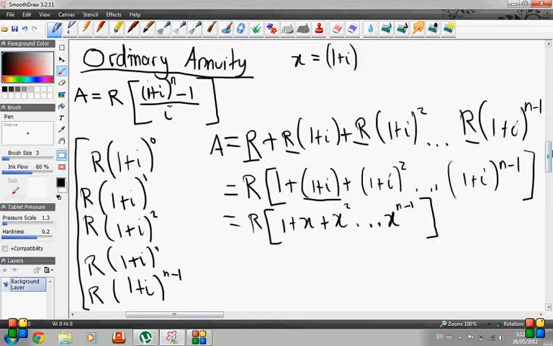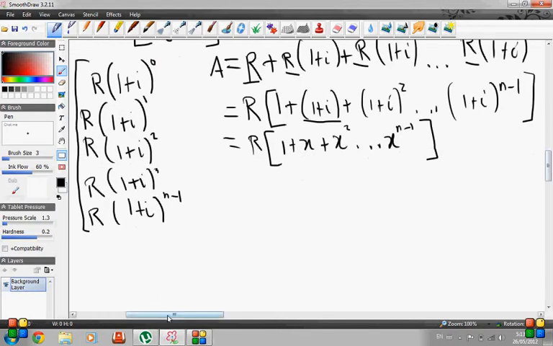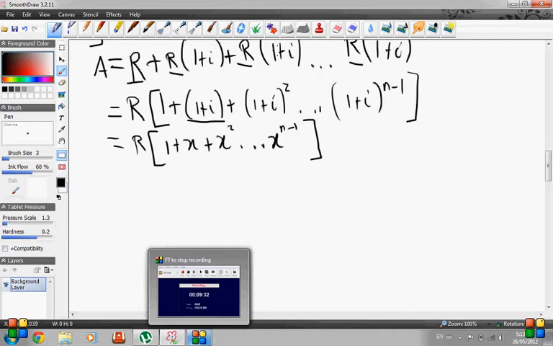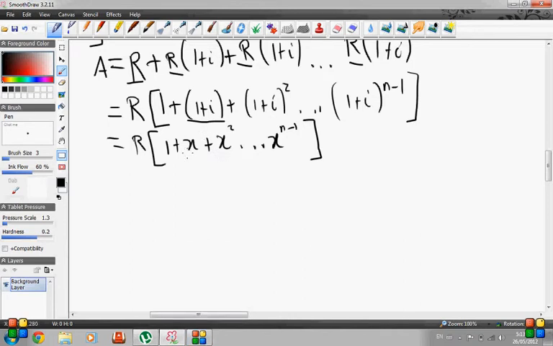Now if you're shrewd, you may notice here that we have a geometric sequence. There is a common ratio between all of these, and the common ratio here is x. Each term is multiplied by x to get the next term. If you multiply 1 by x, you get the second term. If you multiply x by x, you get x squared, which is the third term, and so on.